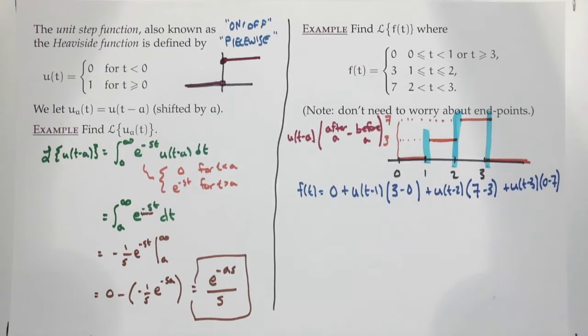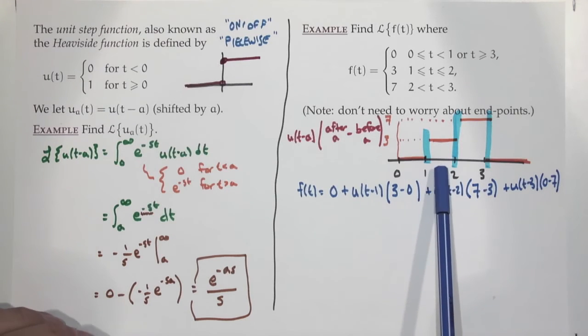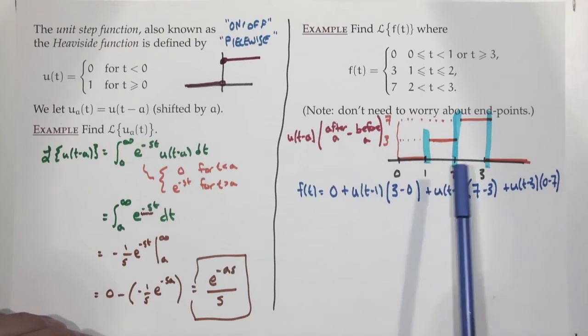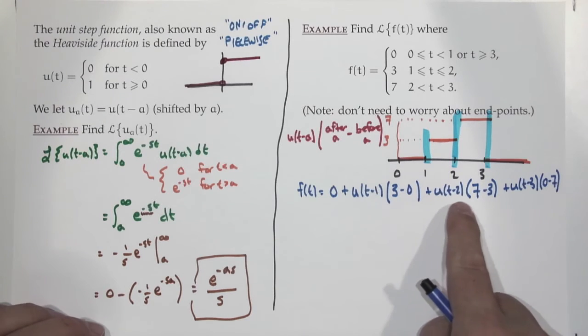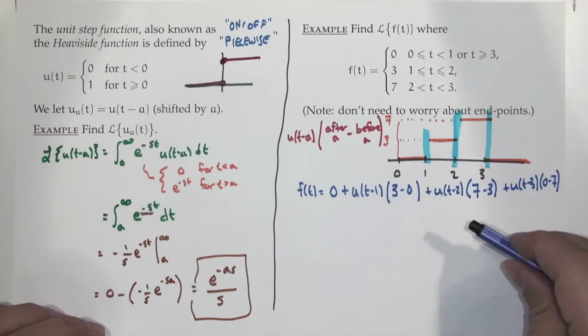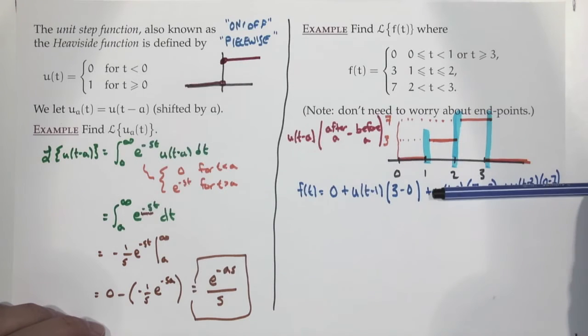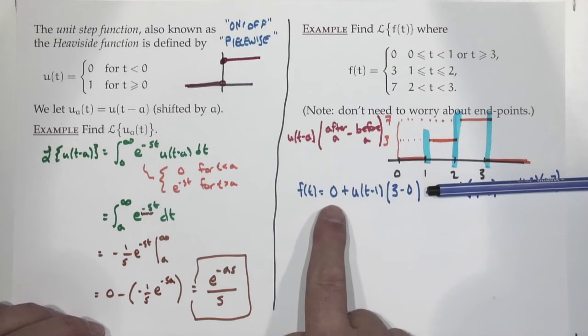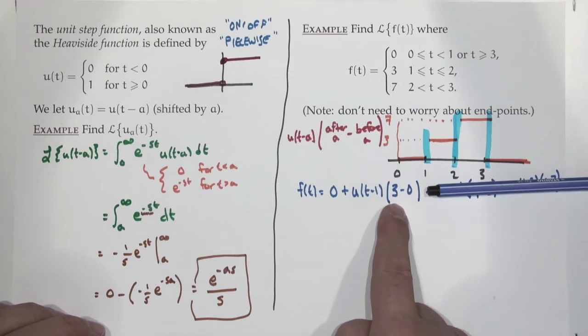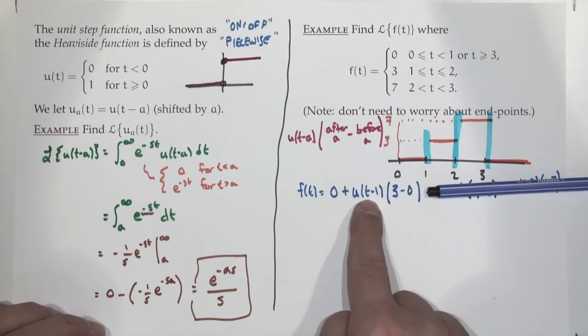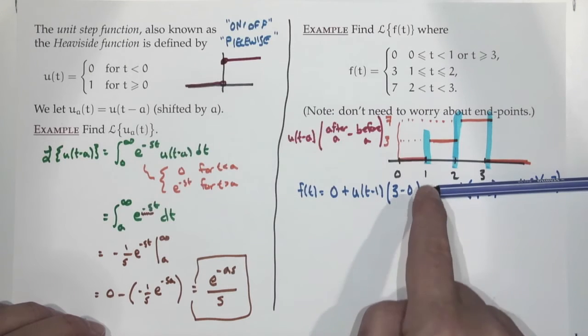They might say, how does that work? Well, let's just pick a point. Let's say I'm at 1.5. If I'm at 1.5, what's happening with these last two pieces? They're 0. So at 1.5, they're not there. We can cover them up. Then we have 0 plus 3 minus 0, because this is on, and so we should be at 3.